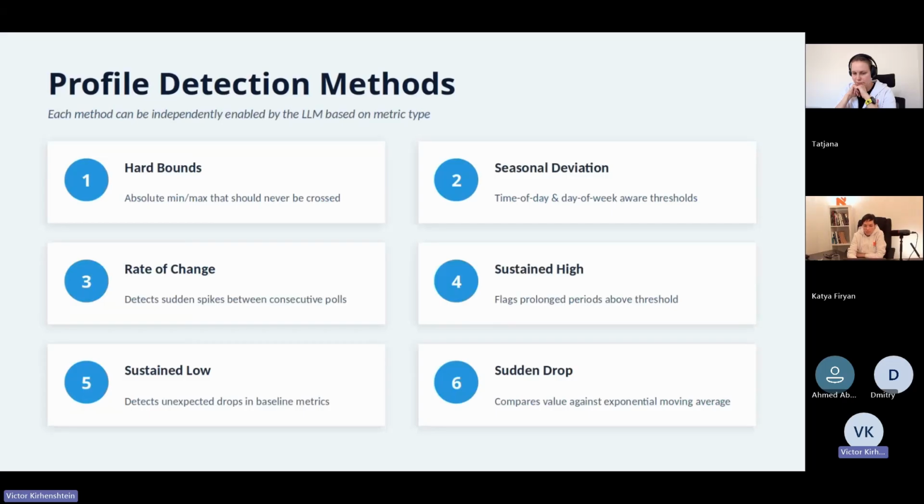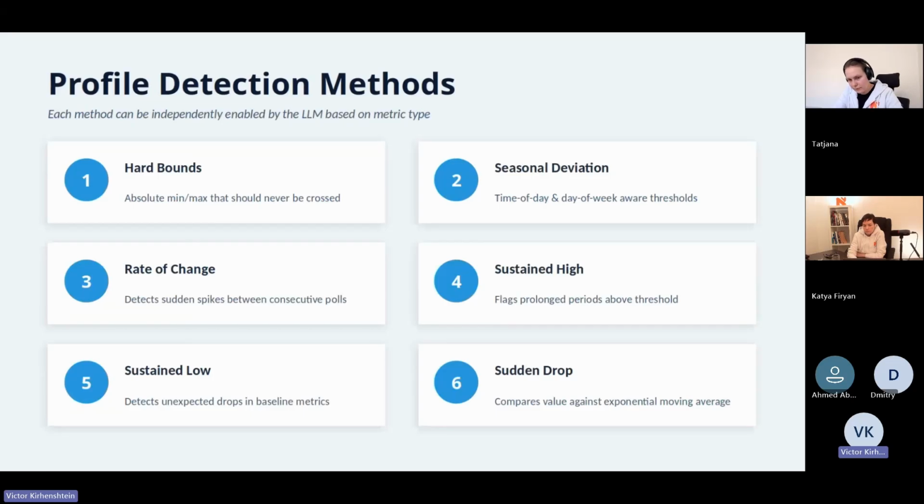First, hard bounds, that's an absolute minimum and maximum that should never be crossed. Then time of day and day of week deviation, also called seasonal deviation. Expected rate of change, which helps detect sudden spikes and drops in time series that are changing, but where we do not expect too high a rate of change.